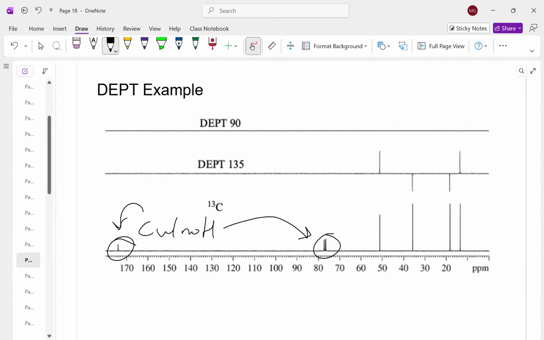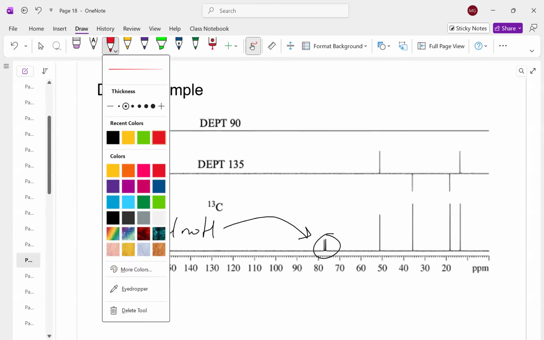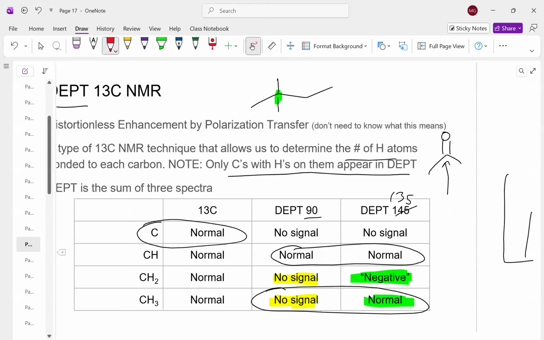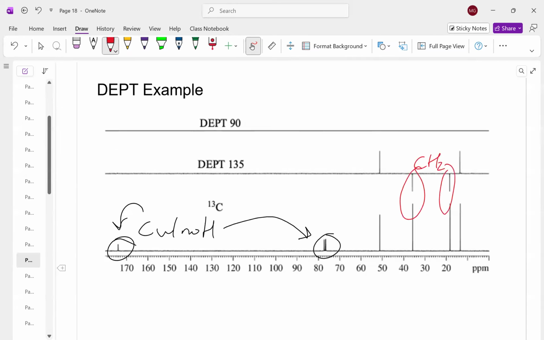Now, with the negative signals there, we can conclude that those are CH2s because those are the only ones that show up as negative signals in the 135. Now, since these other two signals show up in 135, but not in the 90, we can conclude that those represent CH3s.